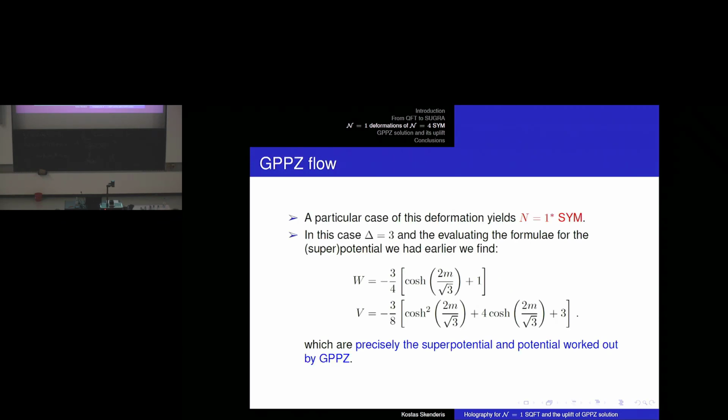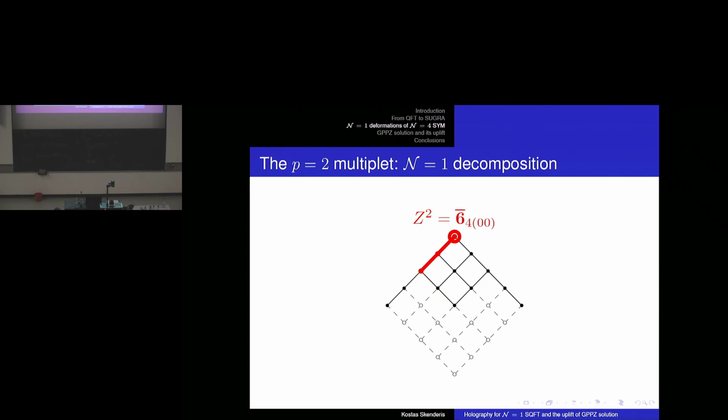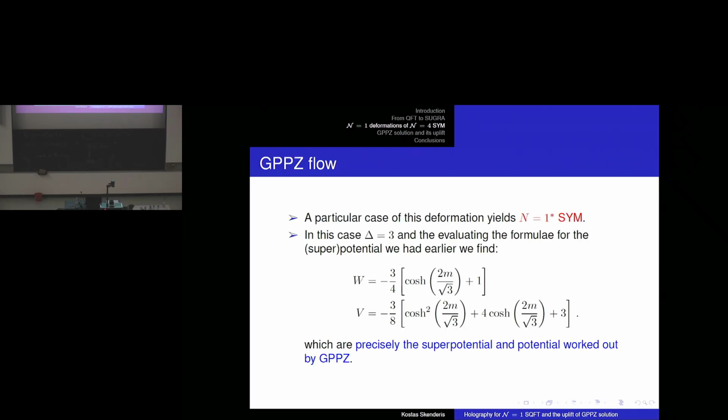Now a particular case of interest is the one that gives the deformation, the N=1* super Yang-Mills. This corresponds to just adding a specific member of this to the Lagrangian, a symmetric mass term. And that has dimension Delta equals 3. So this is a case where we should be able to apply the general formula I had earlier.